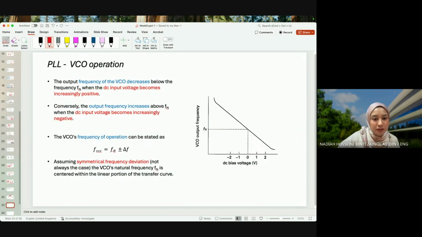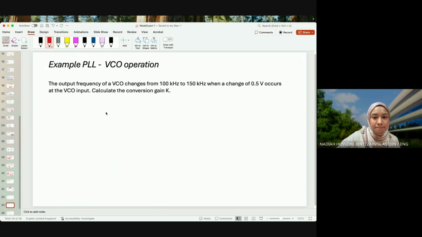So do we have an example of that? Okay, this one. An example is the output frequency of the VCO. Our frequency changes from F1, which is 100 kilohertz, to F2, which is 150 kilohertz, when a change of 0.5 volt occurs.